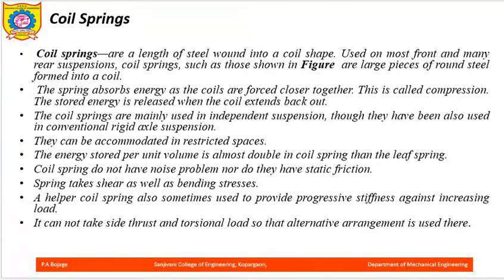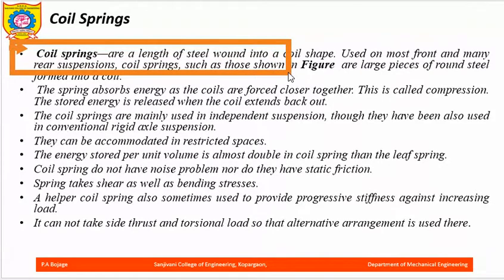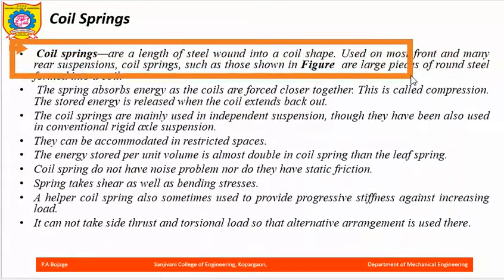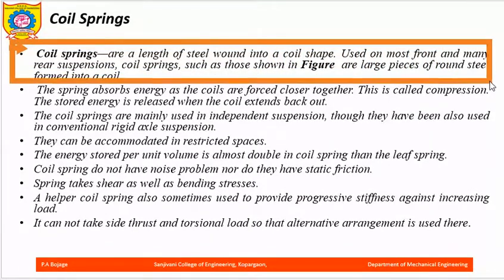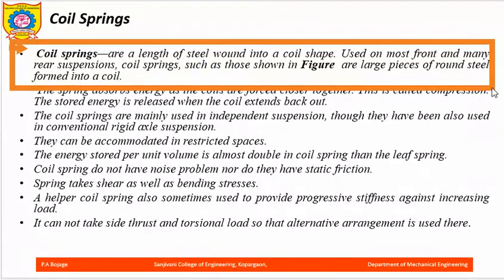So again, what are coil springs? Coil springs, as per the definition, are a length of steel wound into a coil shape used on front or many rear suspensions as shown in the figure.